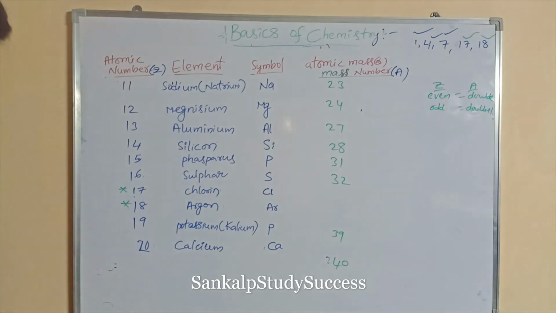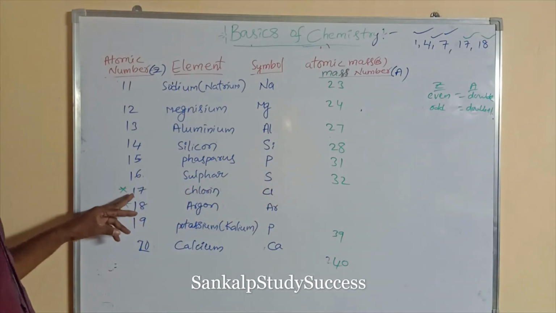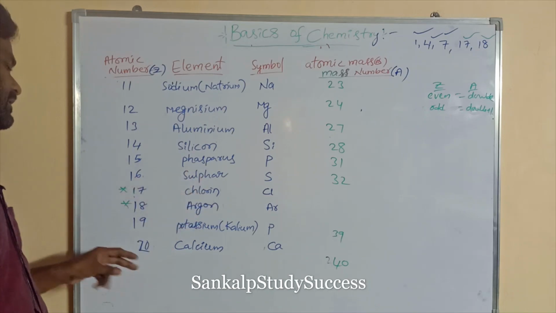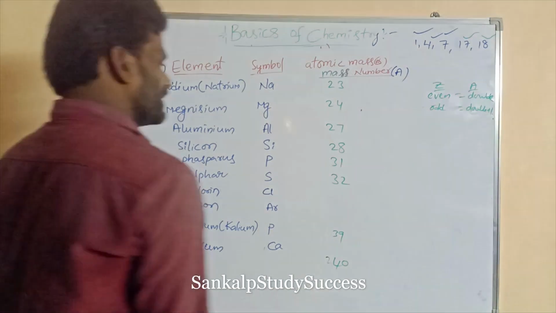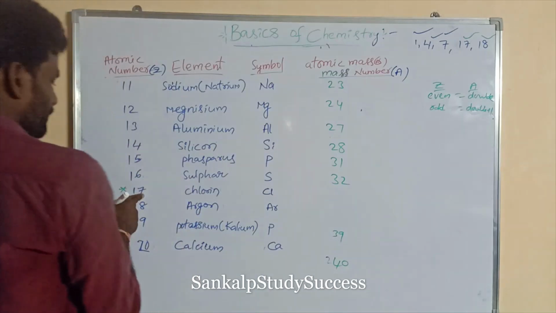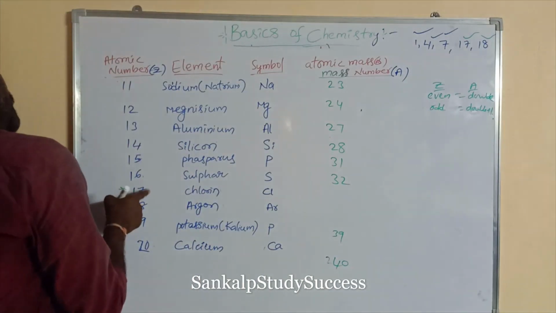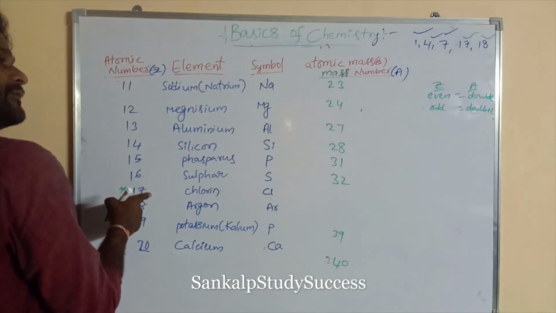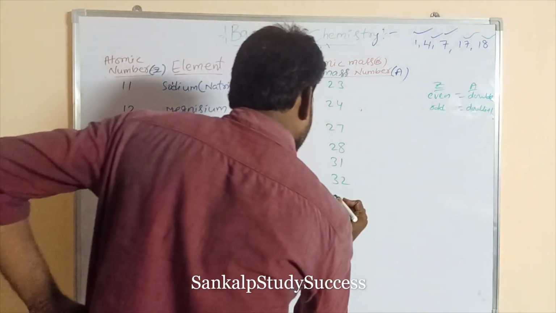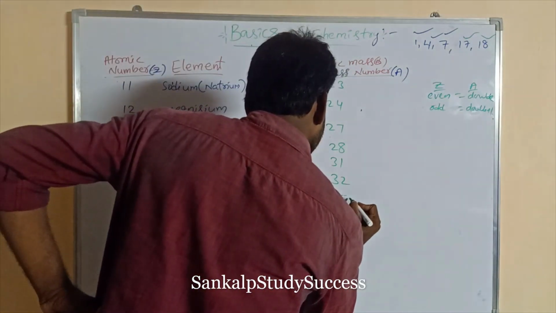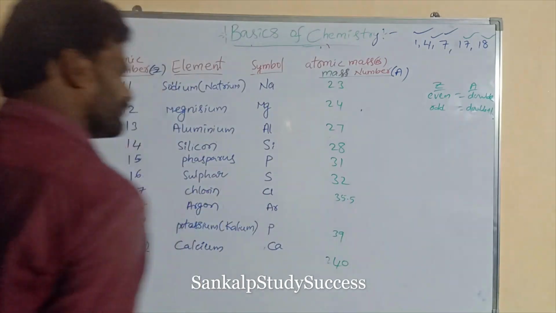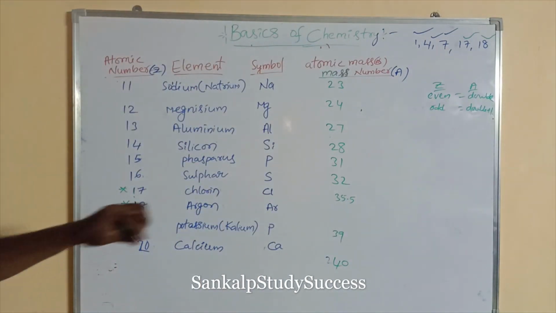Now which elements cannot follow this rule? 17 and 18. 17 is chlorine. 17 is the odd number, so double plus 1, 17 × 2 is 34 plus 1, 35, but its mass number is 35.5, right. 0.5 is excess.